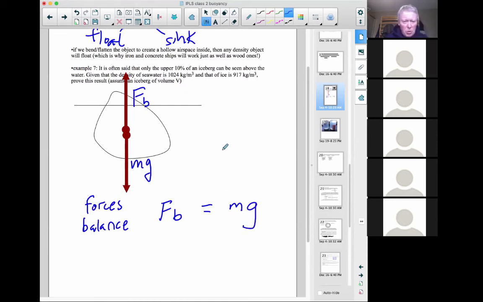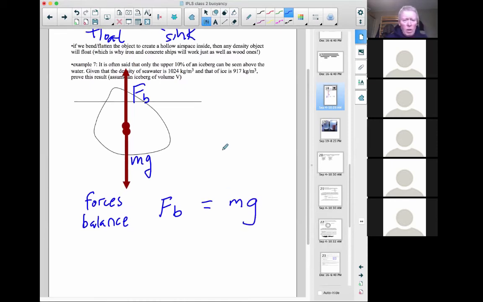All right, so we continue with our analysis. Now, the buoyant force, well, we know that's rho GV. So which rho? Well, it's the density of the displaced fluid, which is going to be seawater. And which V? Well, it's going to be the volume submerged or displaced.